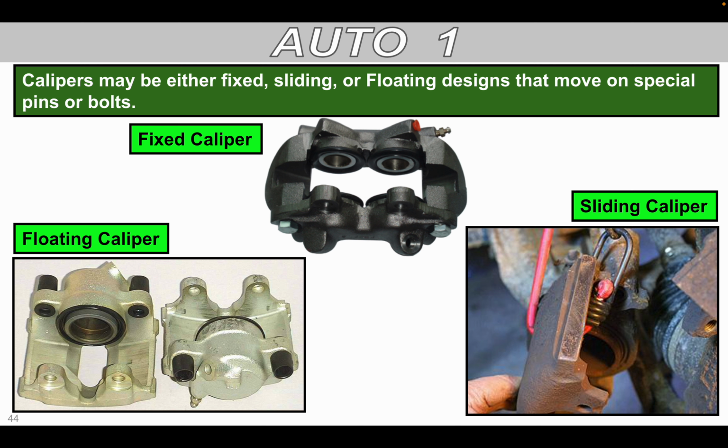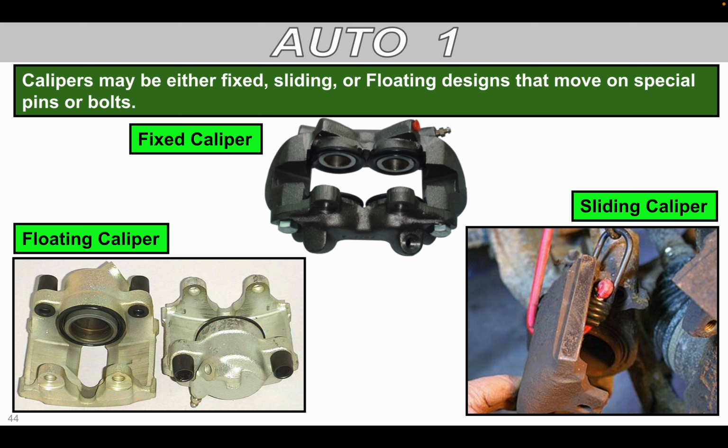Sliding caliper. This has a bracket as well, but instead of having guide pins, the bracket itself has an area, right here you can see this, that the caliper is able to slide back and forth on. It is similar to the floating caliper design. The only difference is the sliding caliper will not have guide pins.